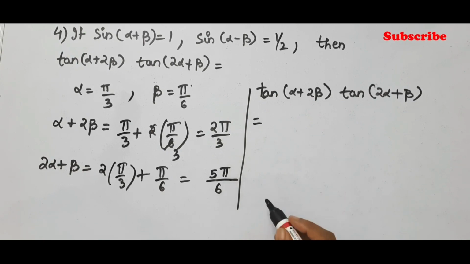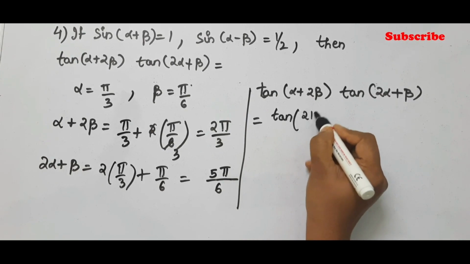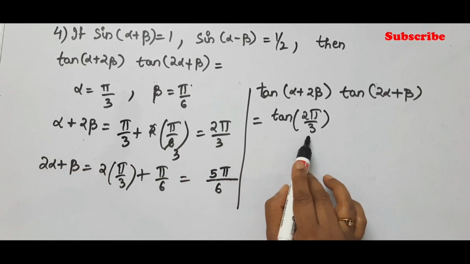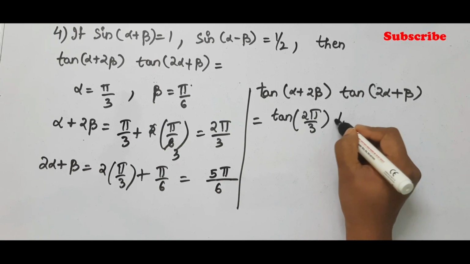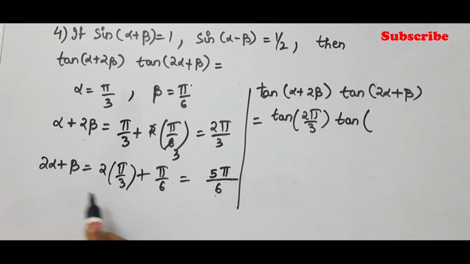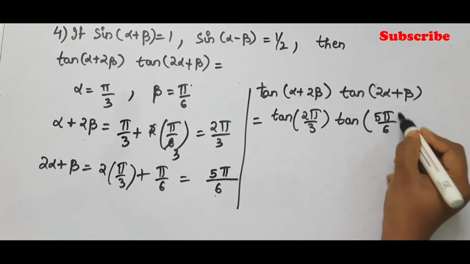So this is equal to tan of (2 pi by 3), since alpha plus 2 beta we got as 2 pi by 3, and that is what I substituted here. So 2 alpha plus beta we got as 5 pi by 6, so this becomes 5 pi by 6.